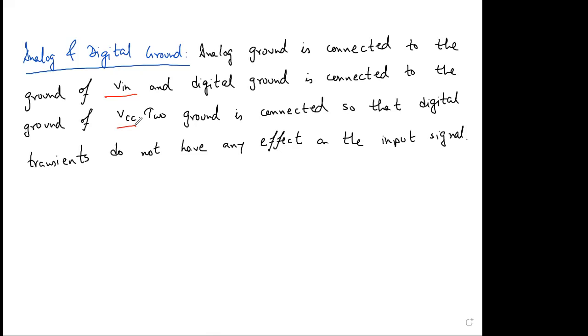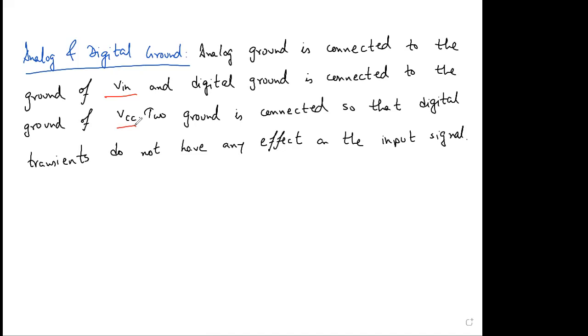There is another way. If some of you might have difficulty in understanding whatever I just said, there is another analogy which is also acceptable. In that way you can say what grounds actually are. We always connect the negative terminal to the ground. Whenever we give any type of connection, we connect the negative terminal to the ground.